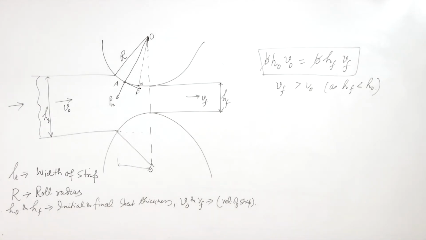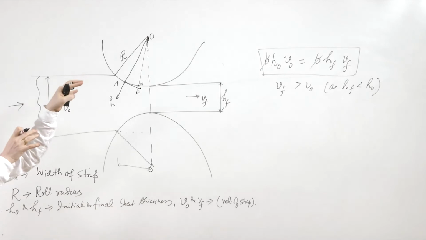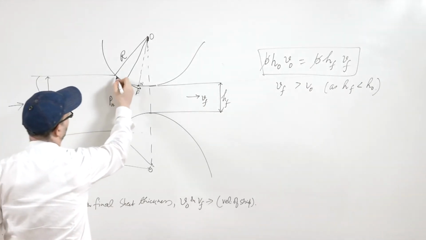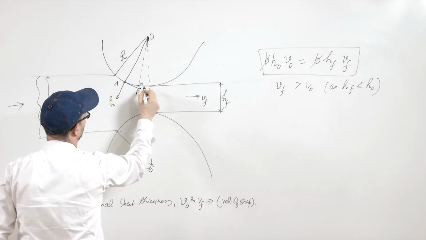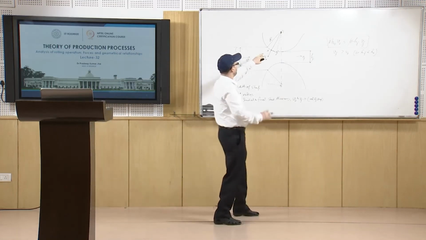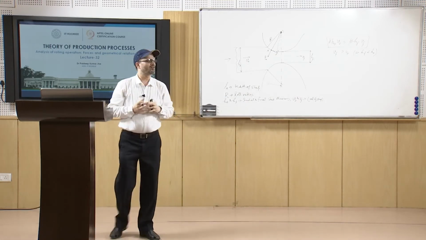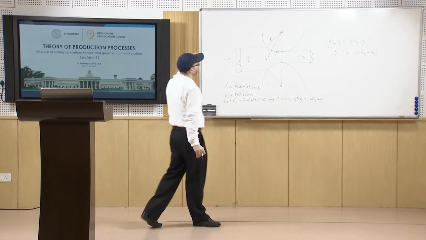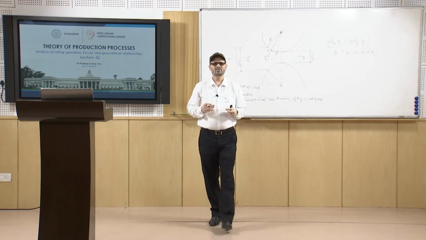Now, the width of this strip is 1, and this is the chord area, the arc area. This arc multiplied by the width will be the area of contact, and the roll load divided by this area of contact gives you the roll pressure.